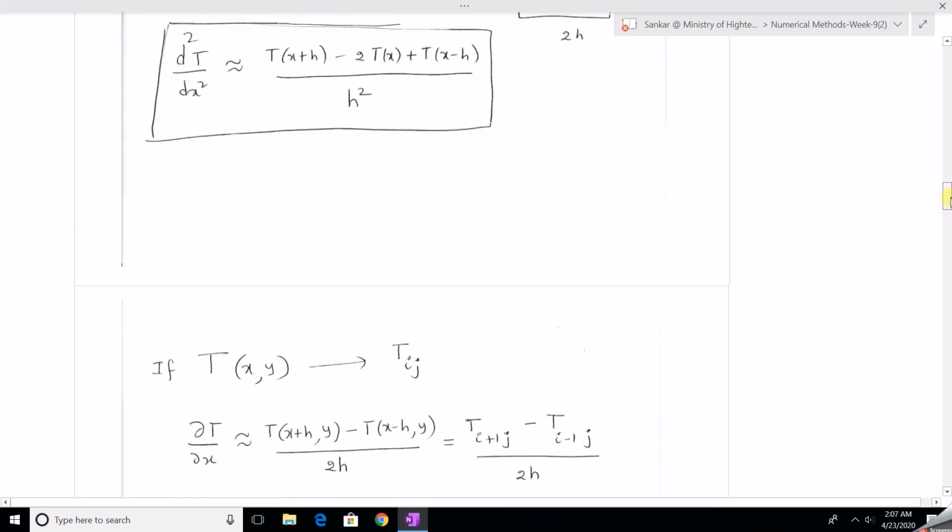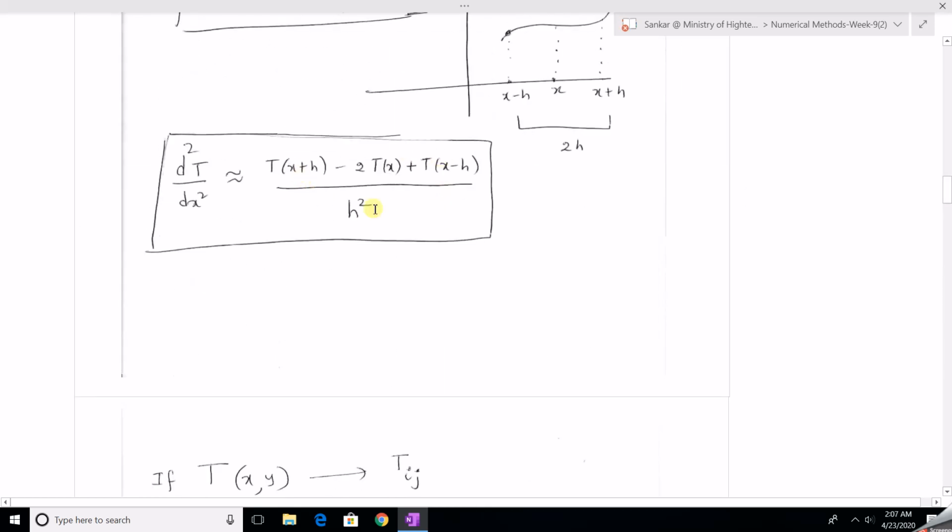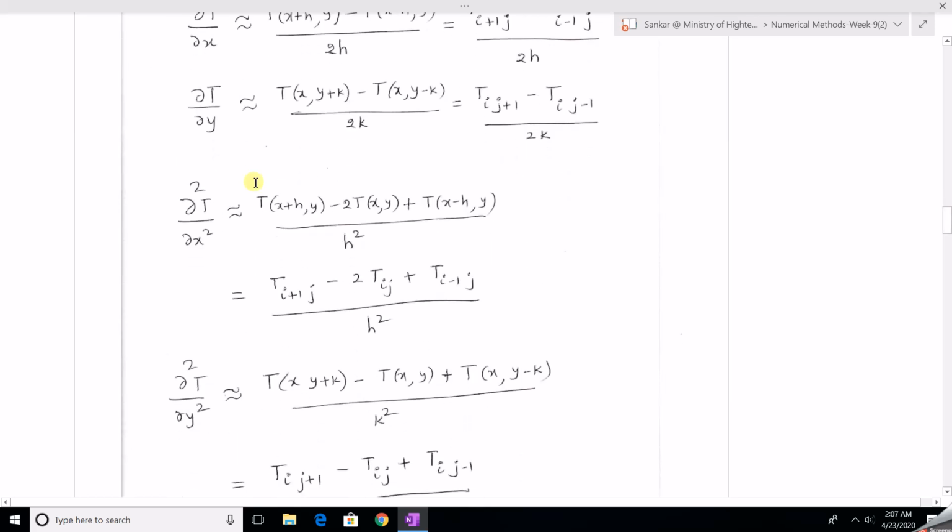So we used the same formula here. The only difference is that in the ordinary derivative T depends on x only, but here in the partial derivative T depends on x and y. And when we are finding the partial derivative with respect to x, y remains constant, no change in y.